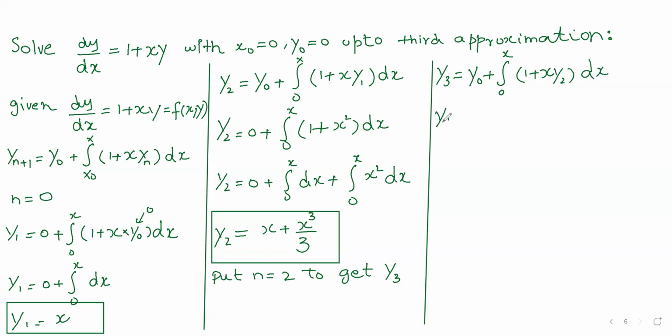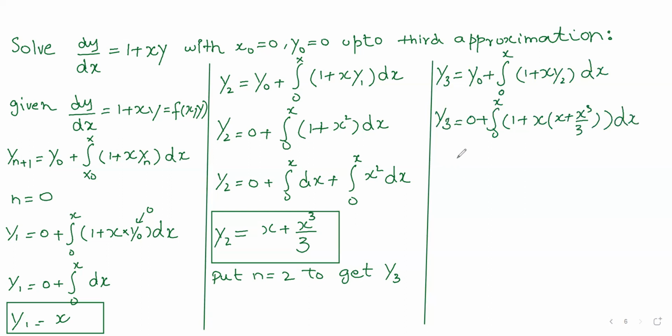So y3 will be equal to 0 plus the integral from 0 to x of (1 plus x) times (x plus x cubed over 3) dx, right?